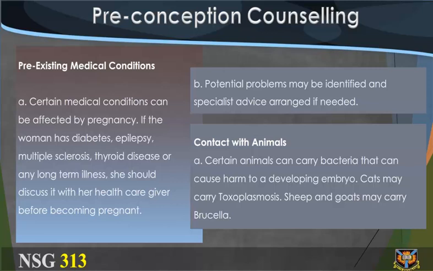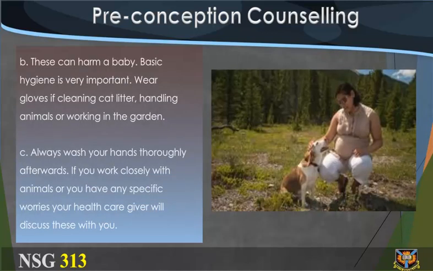Contact with animals. A. Certain animals can carry bacteria that can cause harm to a developing embryo. Cats may carry toxoplasmosis. Sheep and goats may carry brucellosis. This can harm a baby. B. Basic hygiene is very important.